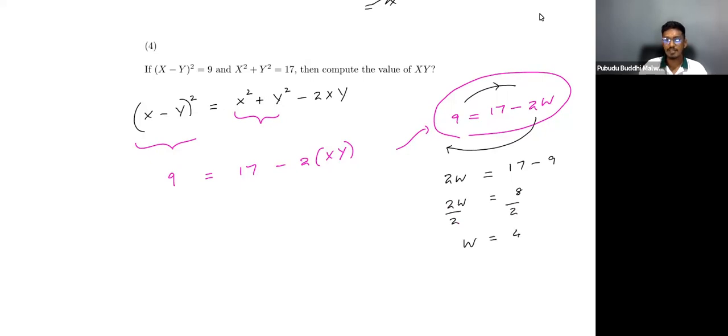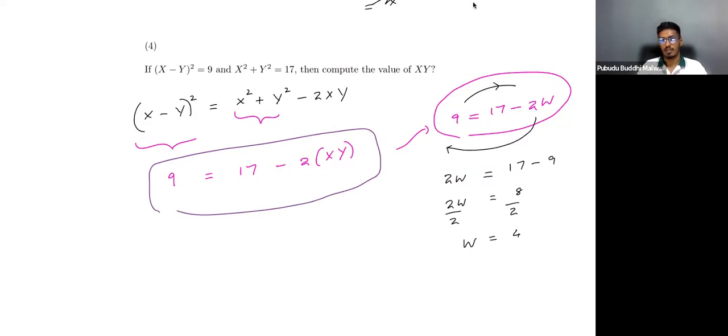After practicing this concept for a few problems, you can apply that concept even without using a different symbol like w, right? So I really encourage you to apply that concept without using a different symbol.